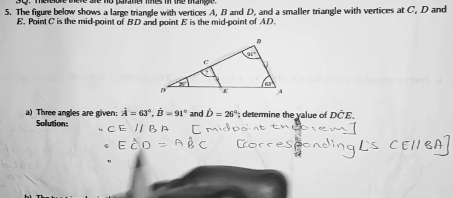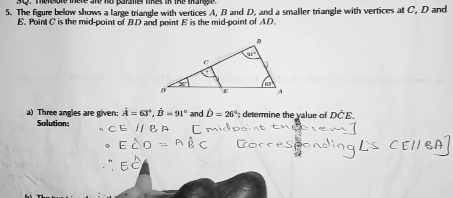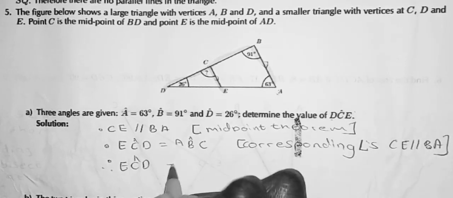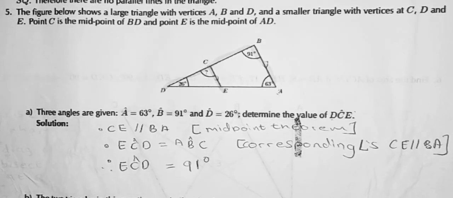And then after that, you're going to say that therefore ECD, or DCE, is equal to 91 degrees. And then we are done.